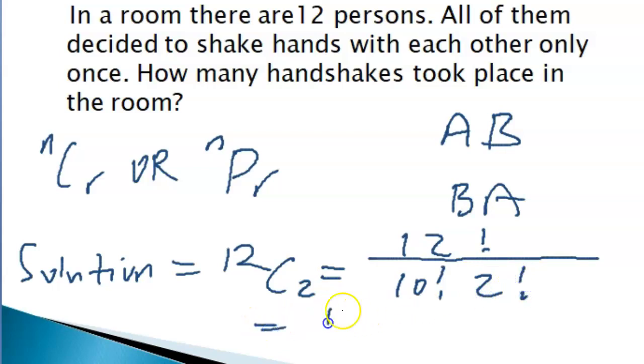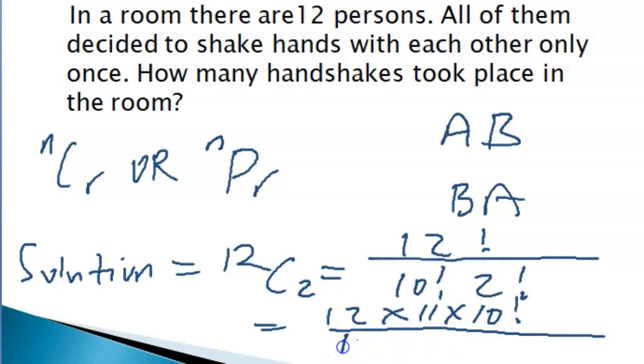So that's 12 times 11 times 10 factorial. In the denominator, we have 10 factorial times 2 factorial, which is 2. So cancel 10 factorial, and 2 into 12, that's 6. So our solution there would be 66.